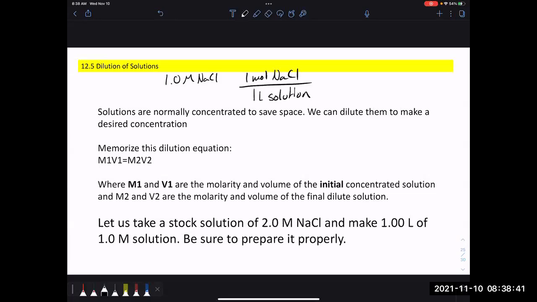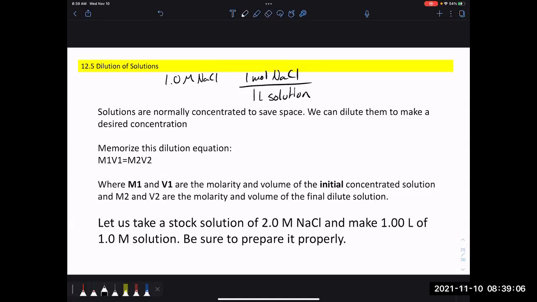We can change the volume of the solution without changing the number of moles in that solution. So for a sodium chloride solution dissolved in water, you might boil it down, because the rest of this solution is just water. It's not really important. We can add water, we can remove water, at least in the case of sodium chloride, fairly easily.